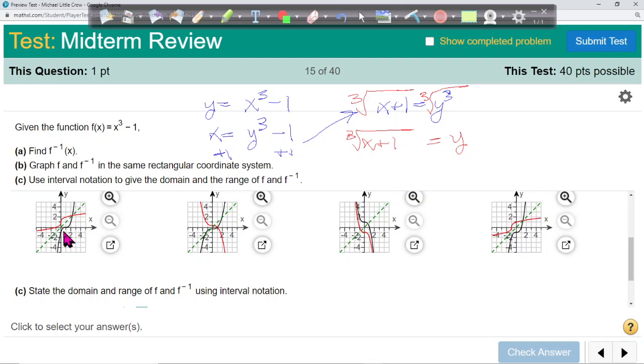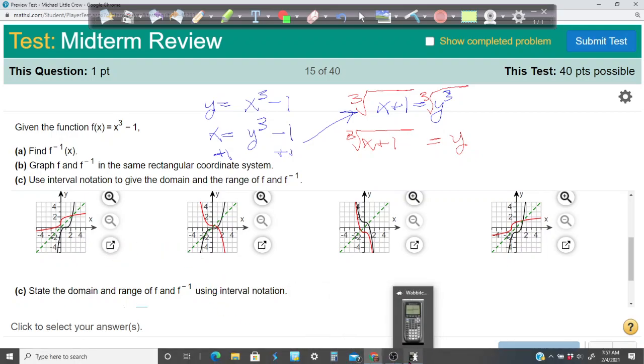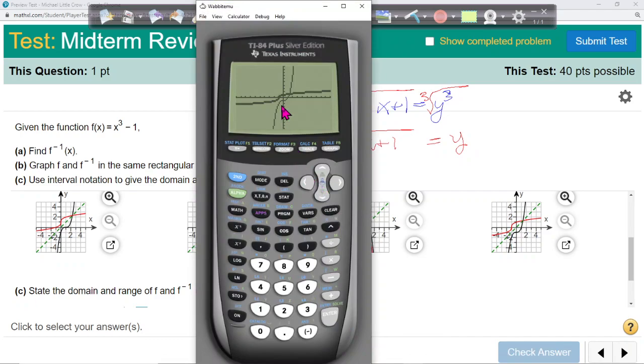Oh, I see. Now notice we could look a little closer. So this is an x cubed that's been moved down 1. So instead of going through 0, 0, it's going down through -1. So it's got to be this one here. This one, it moved it to the right one. So they're kind of testing you a little bit on your transformations as well. But you could also just look here. Okay, compare a little closer. It just went down 1.